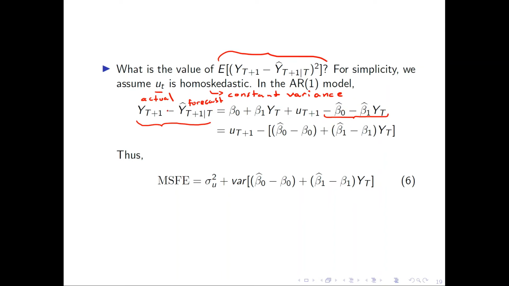We have negative beta naught hat and negative beta 1 hat times the actual value at time capital T, because it's the actual value at time capital T that we use to make the forecast. But more intriguing is this term, which is the actual value at time capital T plus 1.